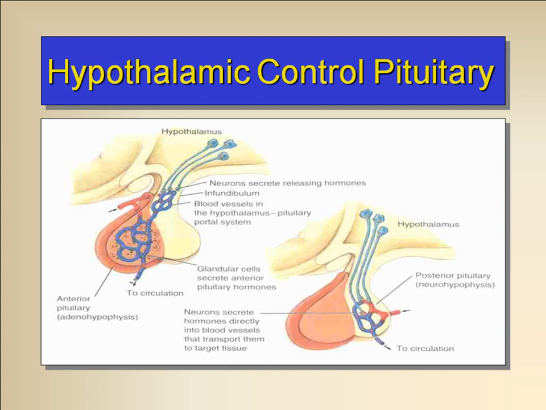That makes sense? So in the anterior pituitary, those hormones are produced in the hypothalamus and transported over here to be stored. In the posterior pituitary, they're actually produced and stored in the posterior pituitary. So slight differences about how they are.